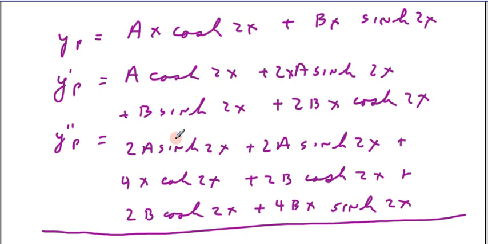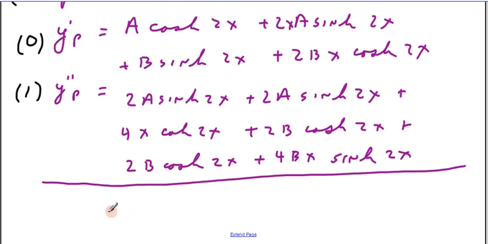Okay, now we want one of those guys minus 4 of these guys, and we don't want any of them at all. And when we get done, we want it to be the hyperbolic cosine of 2x. That's all we want to see.